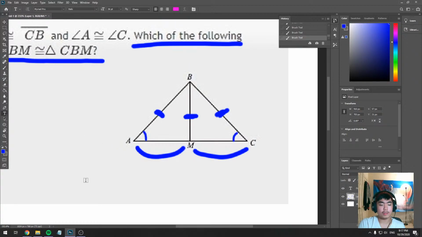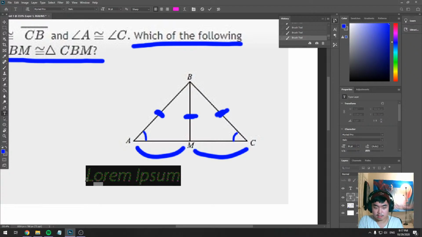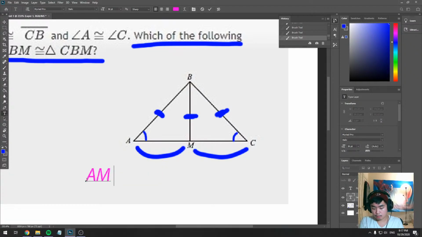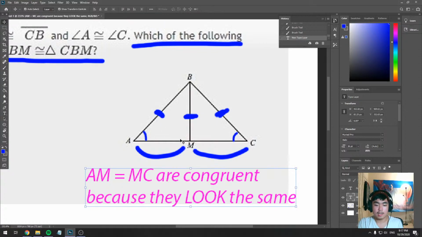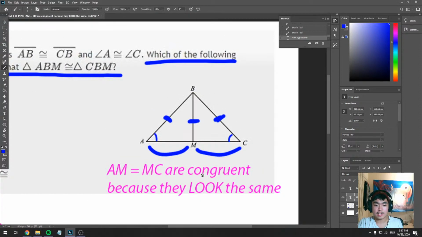One thing a lot of people say is, yes, AM and MC are congruent because they look the same. And to those people, I say no. Absolutely not. No, sir.